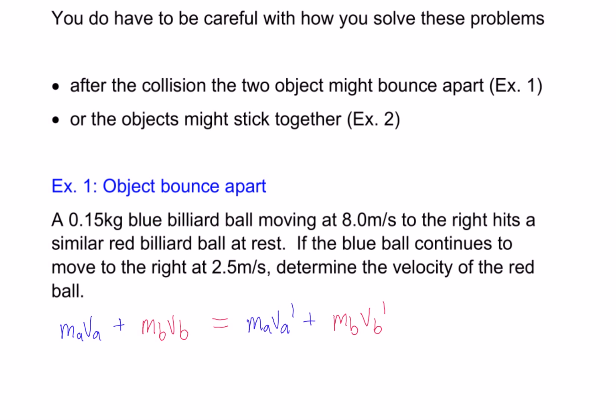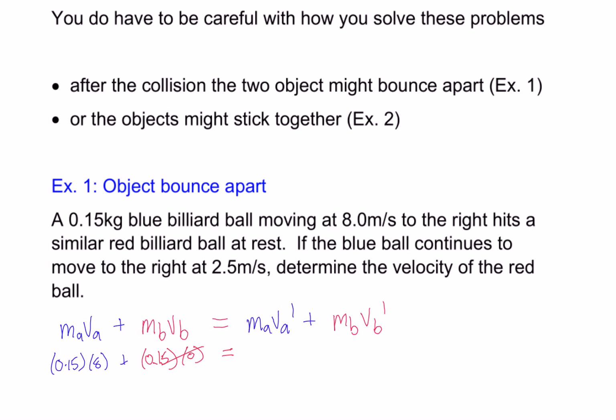Now let's substitute it in. Our mass of the first one was 0.15, and its velocity was 8. The mass of the red one, it says is similar, so that'll be the same size. Pool balls are the same size, so it'll be 0.15, but it's at rest, which will be 0. That means that whole thing will be 0.